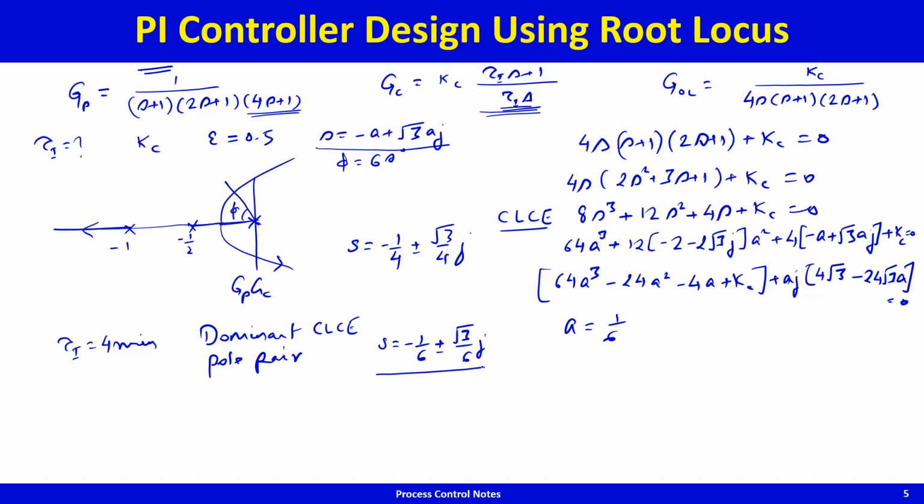So that's that. At this s, what will Kc turn out to be? Kc is going to be 1 over the absolute value of G open loop calculated at s equal to minus 1 by 6 plus square root 3 by 6 j, and if you do this you will see that Kc turns out to be 1.037037037, so we'll just say approximately equal to 1.04.